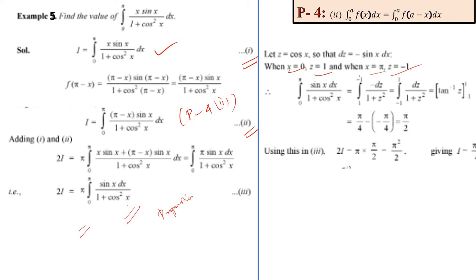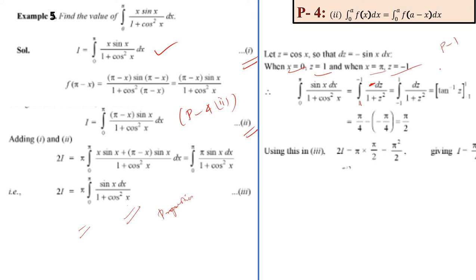Already sin x dx we have got it as minus dz, so this minus dz by 1 plus z square that you have, and because of minus sign, and here it is 1 to minus 1, so we can change it to minus 1 to 1, integral dz by 1 plus z square. Again properties of definite integrals we have used.